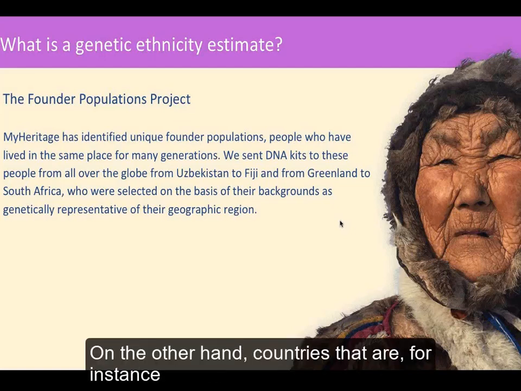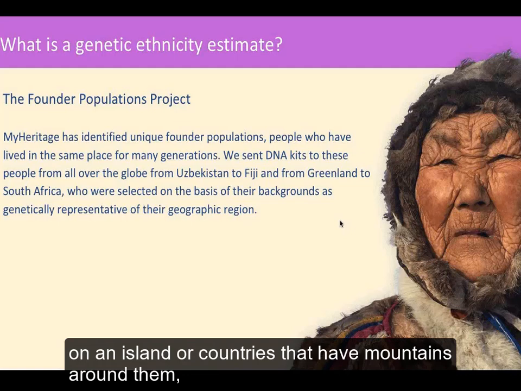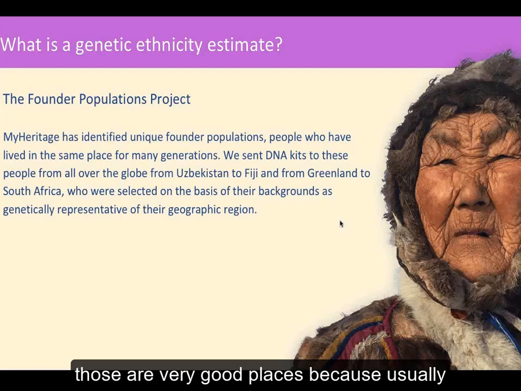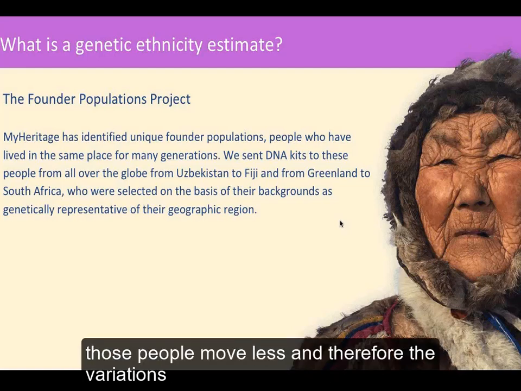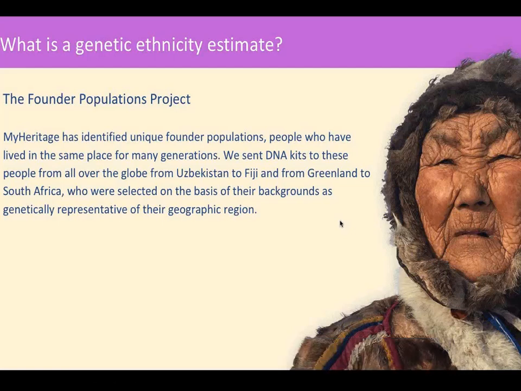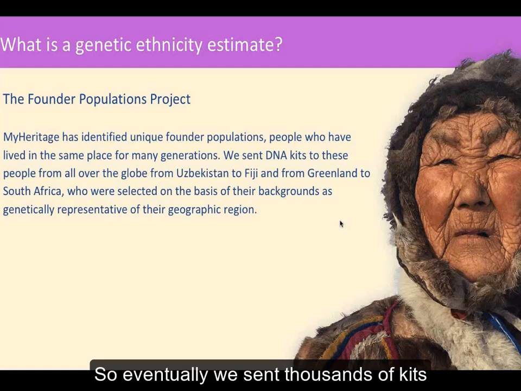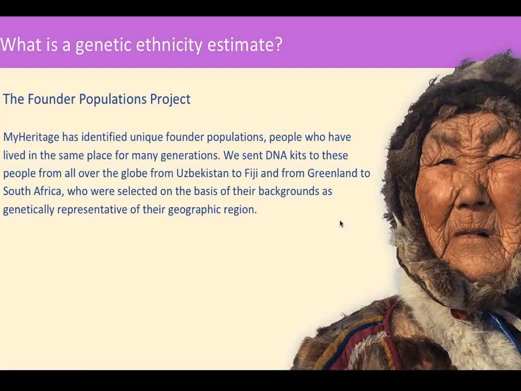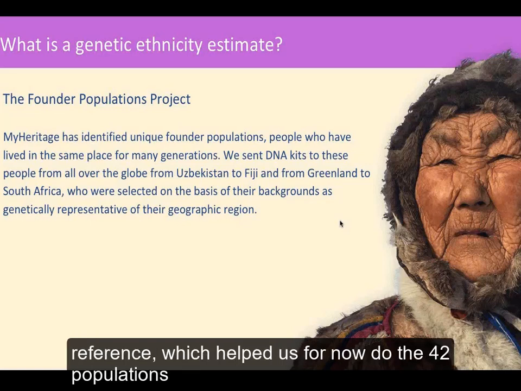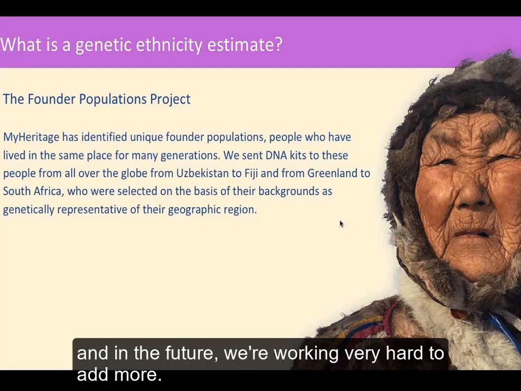On the other hand, countries that are on an island, or have mountains around them, are very good places because usually those people moved less, and therefore the variations they have are easier to model. So eventually we sent thousands of kits, and we slowly built a beautiful founder populations reference, which helped us for now do the 42 populations, and in the future we're working very hard to add more.